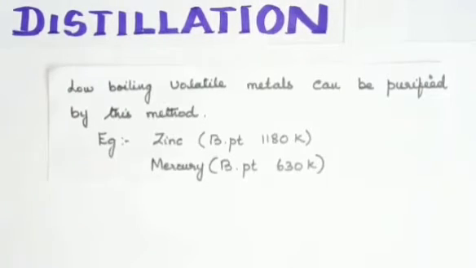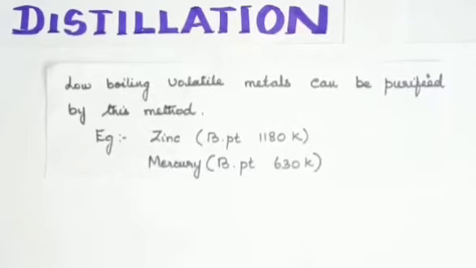Let's see about distillation. Low boiling volatile metals can be purified by this method. Example: zinc, boiling point 1080 Kelvin, and mercury, boiling point 630 Kelvin.